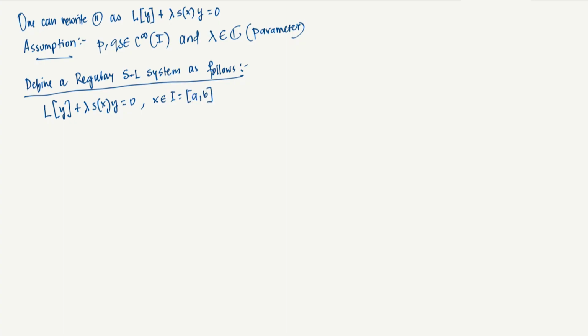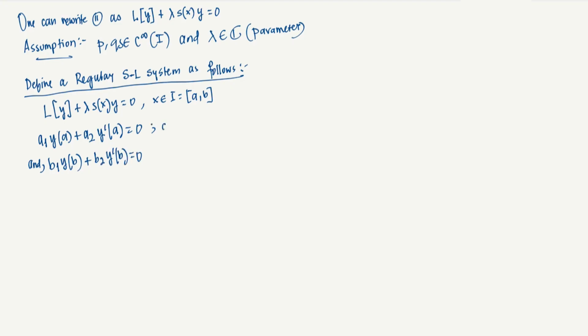Now we will have some conditions. The conditions are: a1 times y of a plus a2 times y prime of a equals 0, and b1 times y of b plus b2 times y prime of b equals 0. This is called a regular Sturm Liouville problem.